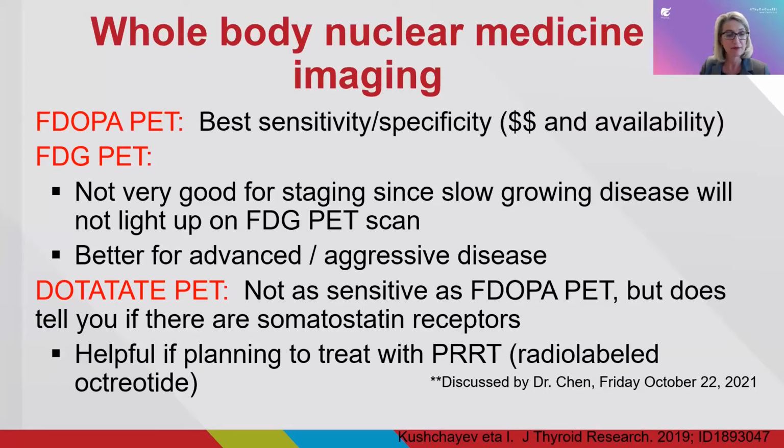It's not perfect, and not as good as the DOPA PET, but what's really good about it is that if your spots light up on this DOTATATE PET, that might mean you would be eligible for a radio-labeled treatment, meaning radioactivity hooked to somatostatin, used as a radiation treatment to target some of these spots. That's what Dr. Chen spoke about yesterday, and that's emerging as a possible therapy. So it can be helpful if that's one of the treatments you are considering.